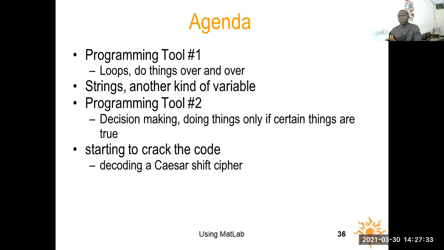Then we have strings, another kind of variable. You can also work with strings. Strings normally refer to alphabets, names, and words that can be treated exactly as they are.